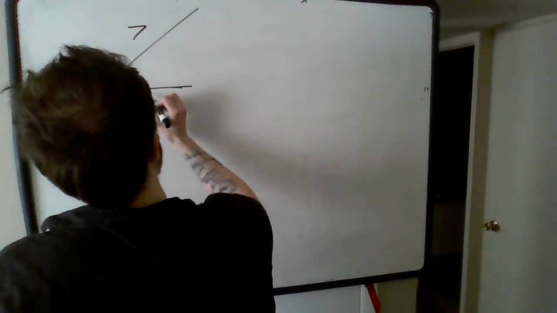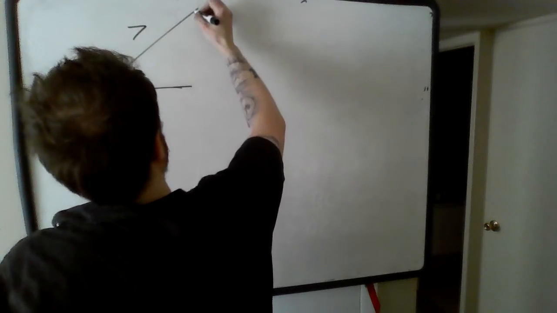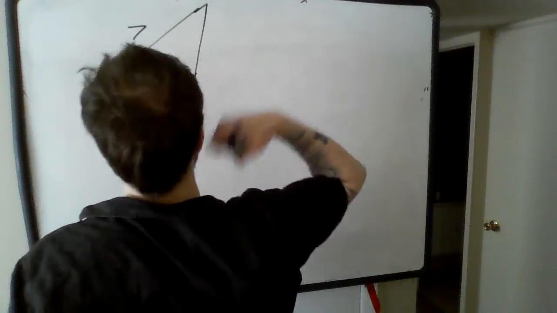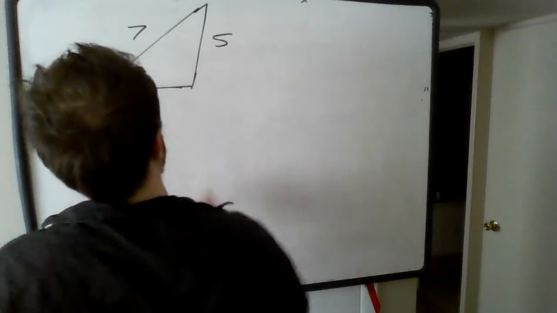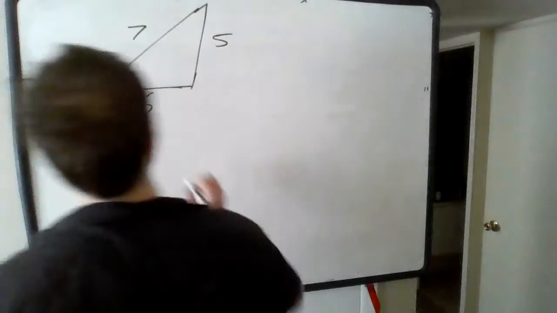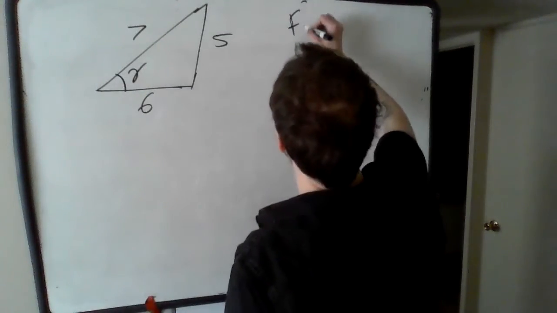So let's suppose that I give you a triangle and I say that this has a side length of 7 and this has a side length of, let's say, 6. And let's say that this has a side length of 5. And what I would like from you guys is to tell me, what is this angle gamma?